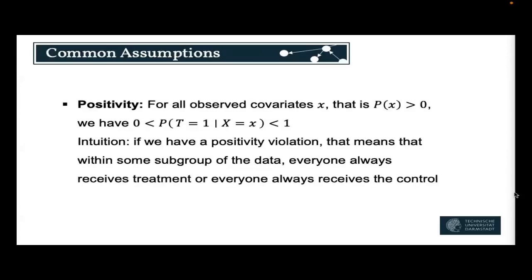One very common assumption in potential outcomes is positivity. So for all the observed covariates X, right? Covariates, we in machine learning call these features. In Perlian notation so far, we have just called them values. But essentially, these could be all kinds of things. For example, say we have a confounded structure, a triangle.